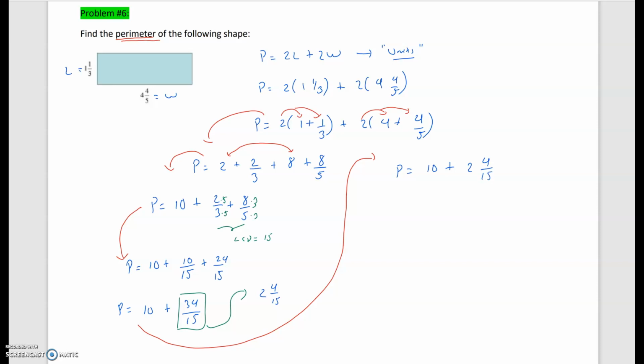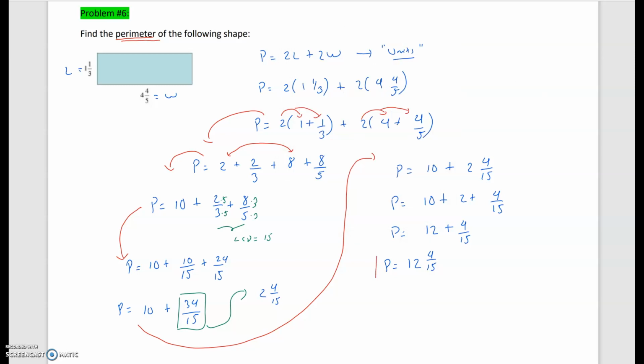And then we could do another separation. This will be 10 plus 2 plus 4/15. Or P is equal to 12 plus 4/15. And in this case, this fraction doesn't reduce any further. So we technically have the perimeter as 12 and 4/15.